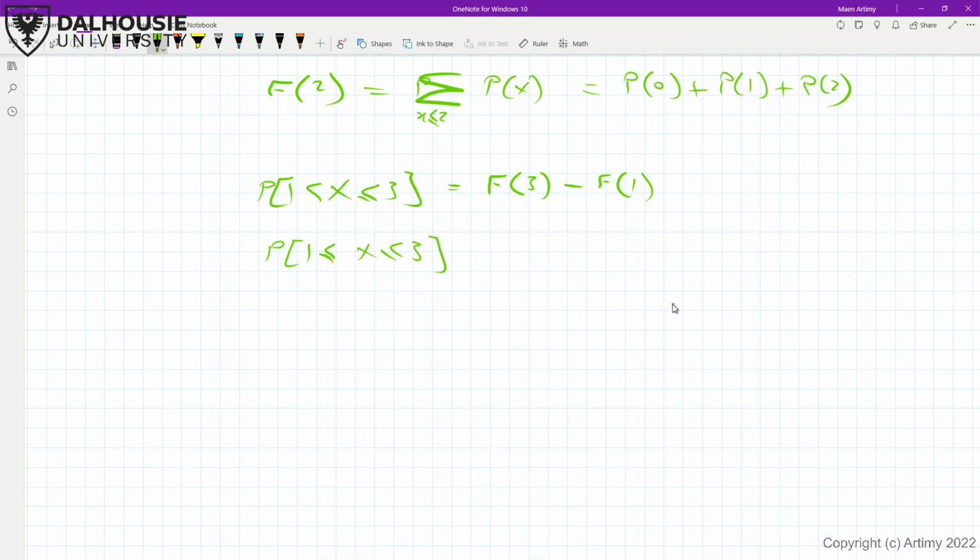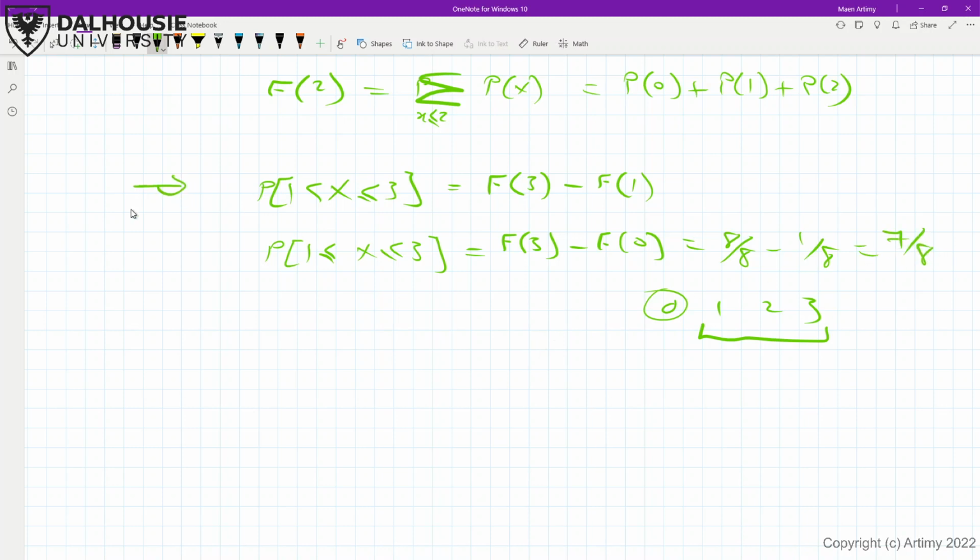So 0, 1, 2, 3, and I need everything including 1 and 3. So I need the probabilities of these values. So I am excluding only 0. So it's f of 3 minus f of 0, and the result will be 8 over 8 minus 1 over 8. That's 7 over 8.